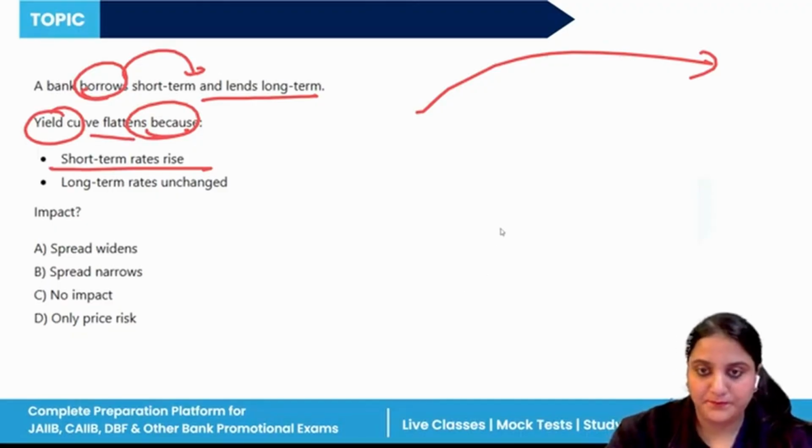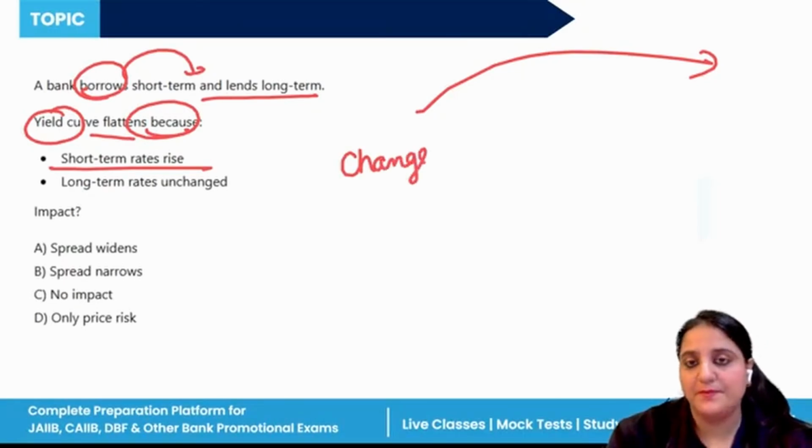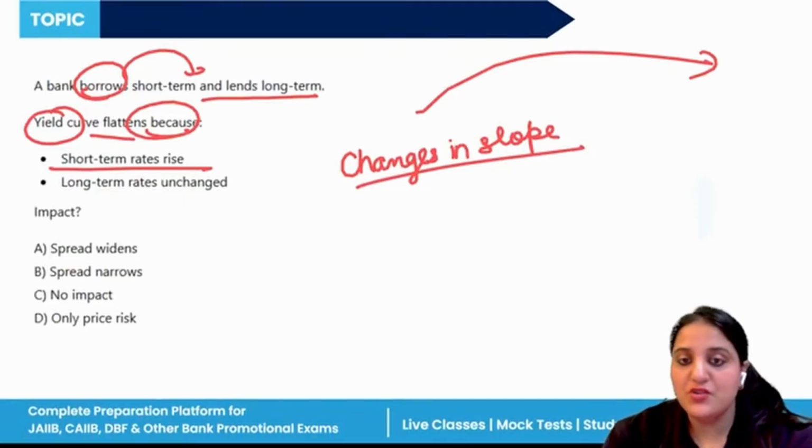See, yield curve risk arises. Why? Because of changes in the slope.